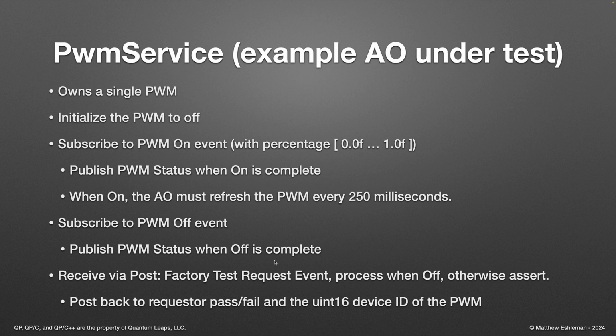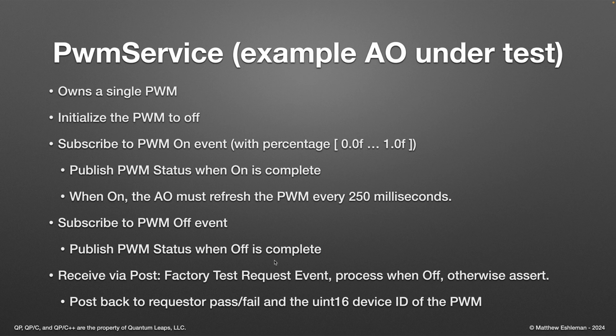The very first thing it has to do is set this PWM to off. It's going to subscribe to a PWM on event, and this is going to come with a floating point percentage value from 0 to 1. And when it has executed that, it will publish a status indicating that the on is complete.